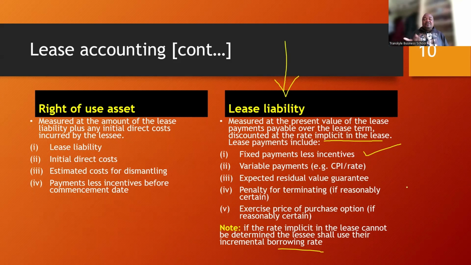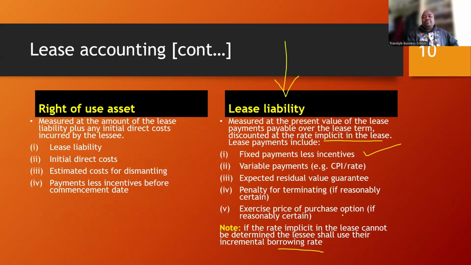Say, if your property becomes zero by then, I will pay you $10,000. All right, good. So those factors are going to be factored in. This is why you need to use property experts when you want to enter into lease arrangements. Any penalty for terminating, if reasonably certain, if there is more likelihood that you may terminate at a certain period, then we need to factor it in the lease liability.